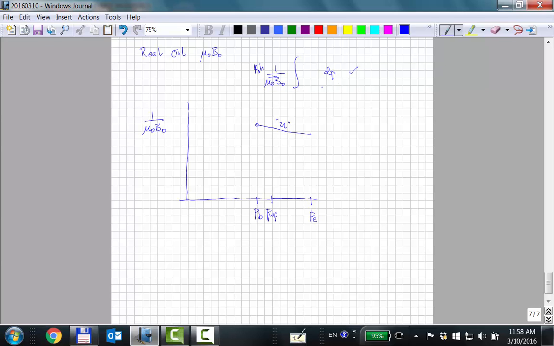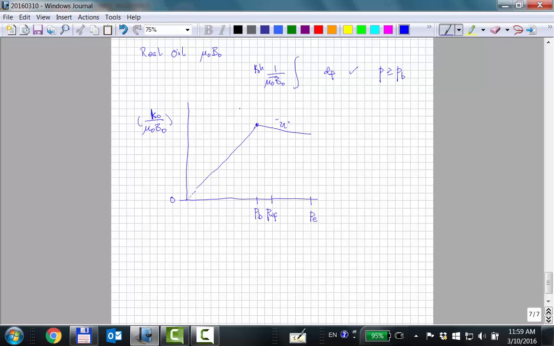So in a real problem, this is okay for pressures above the bubble point, but if you look at ko over mu o Bo, this function below the bubble point will drop down approximately, this being 0, approximately like this, towards 0, from whatever it is at the bubble point, approximately linearly.